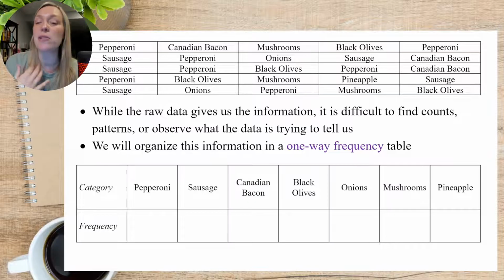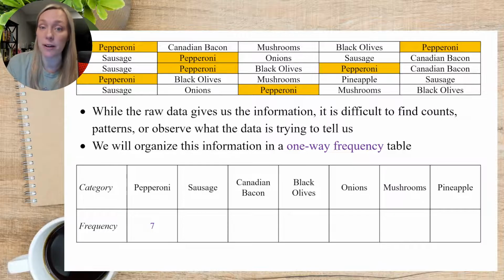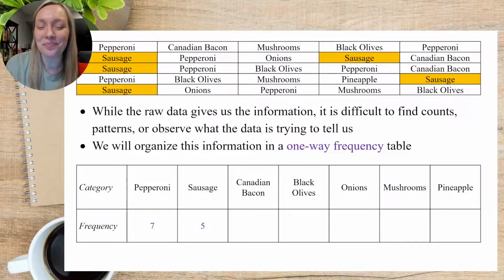And then underneath that, you can see we have frequency. And as I mentioned before, frequency is also another term for count. Okay, so just know that. Now, I just go through and I count up how many fall into each category. So how many teachers liked pepperoni? There were 7 teachers who had pepperoni as their favorite. I was one of them, okay? Sausage, 5 teachers liked sausage.